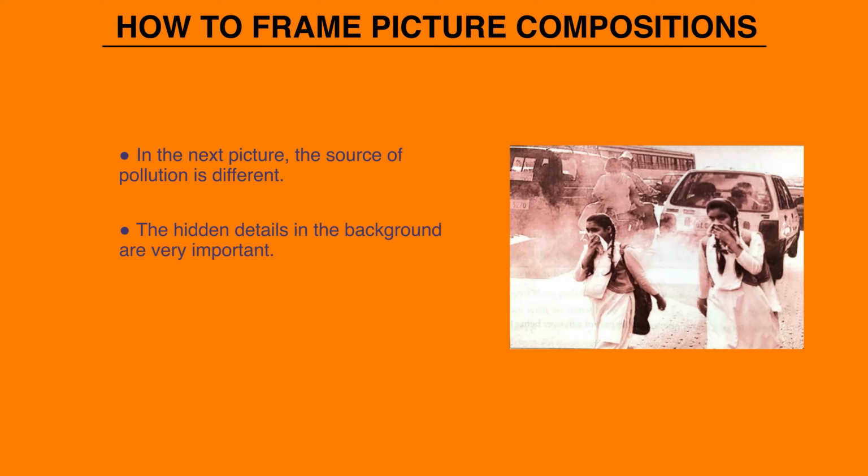So both of these pictures are about air pollution, but the difference between them is that one of these pictures show how air is being polluted by the factories, the smoke that is being emitted by the chimneys in the factories. But the second picture, it's mostly about how vehicles, buses and cars, are contributing to air pollution.